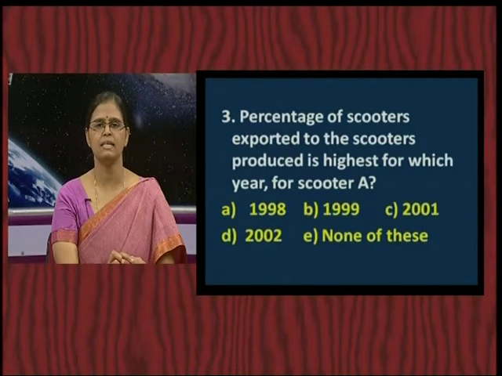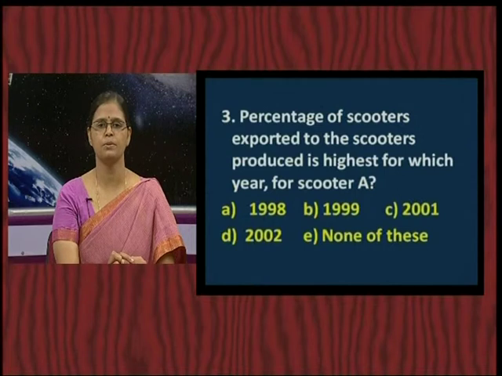In 1998, the ratio exported to produced, 1999 the ratio, 2001 and 2002 the ratios. For scooter P, the first type of scooter, you compute the ratios of exported to produced in various years.